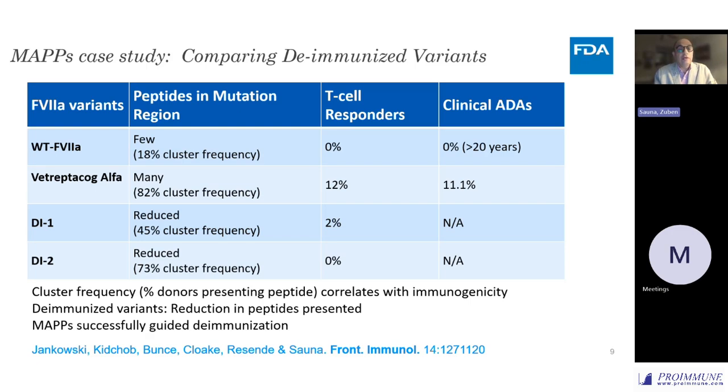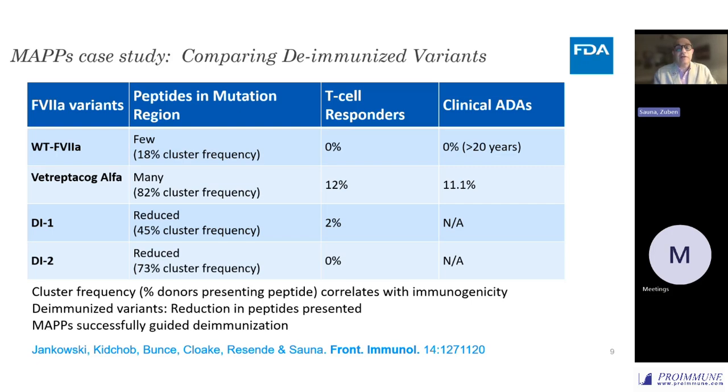And when you make mutations to deliberately decrease peptide MHC binding, the cluster frequency also falls. And this is the corresponding T cell responses. You had 0% for wild type, 12% for vetropitok alpha, and it goes down for these deimmunized variants.